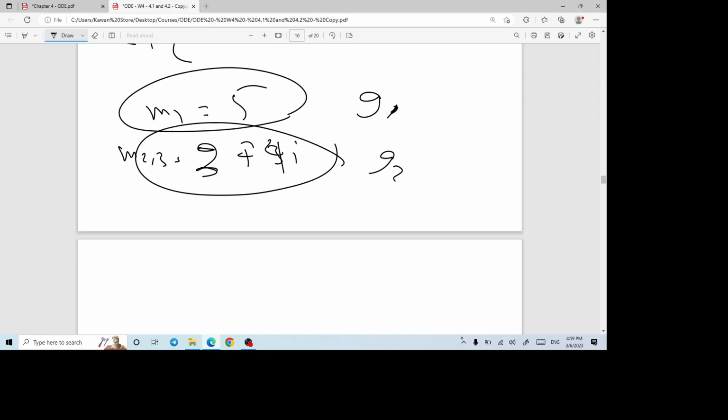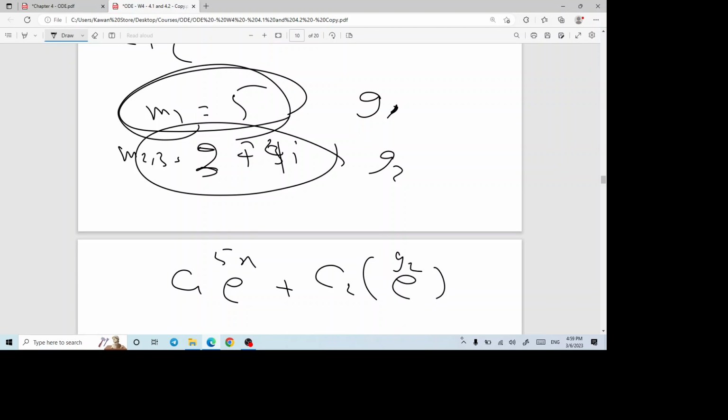Are group 1 and group 2 equal? No. So I have two cases: C1 e to the power of group 1 and C2 e to the power of group 2, but group 2 is another case. So we mix it. Kindly review the previous video to understand more. We solved two examples. Clear?